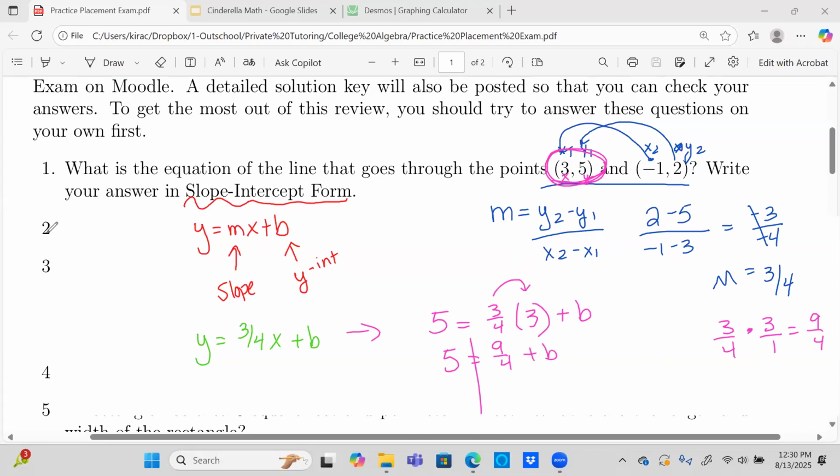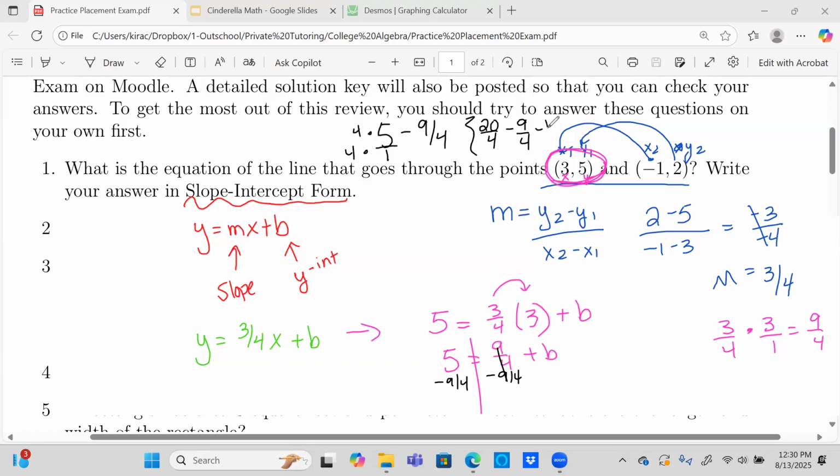Well, we want to solve for b. So 5, we're going to subtract 9/4. Again, if you're allowed a calculator, just put that through. You would just type in 5 minus 9/4 and be done. I'm going to assume you're not allowed a calculator. So I'm going to say 5 over 1. I'm going to times by 4 to get a common denominator. So that's going to be 20/4 minus 9/4.